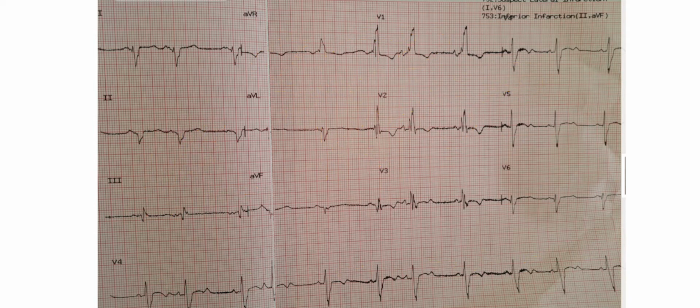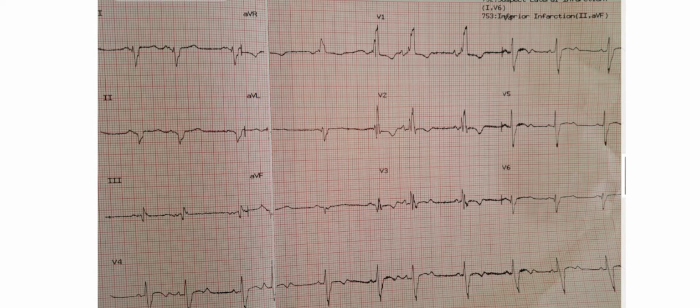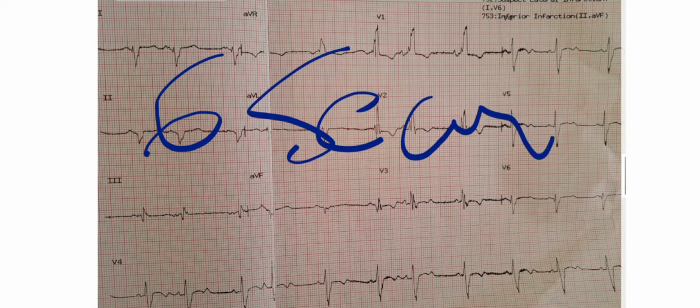So in this case, we are only left with 2 options. We will use the times 6 method, or the 6 second method. I've shown you guys how to do the 6 second method.